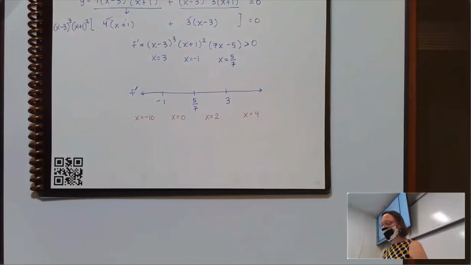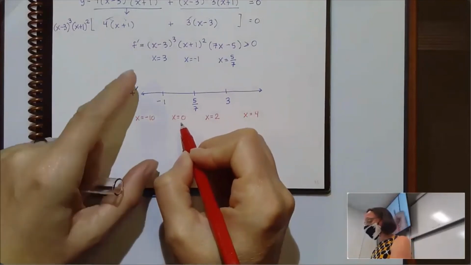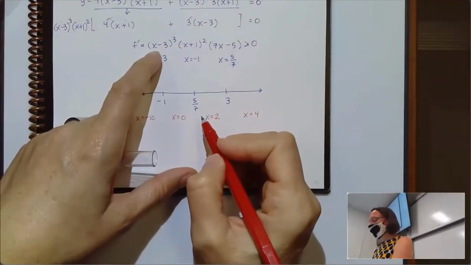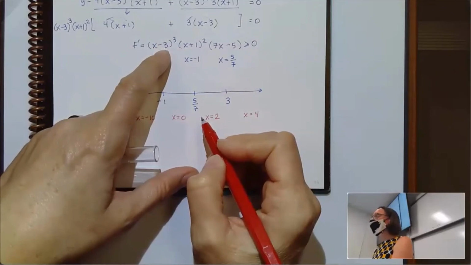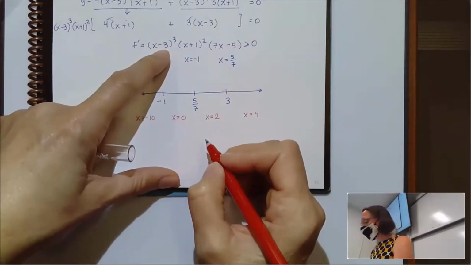But here's the cool thing. I don't actually care what the value of the derivative is. I only care if it's positive or negative. So I'm not going to get hung up on computing numbers. When I plug in 0 to the derivative, 0 minus 3 is negative, and when I cube it, it's still negative.